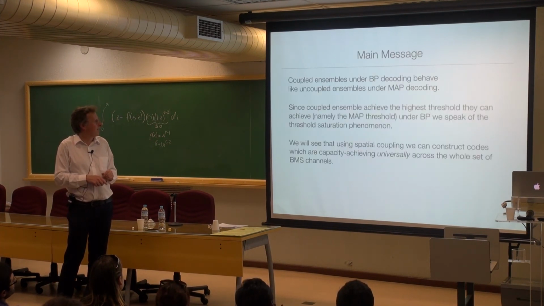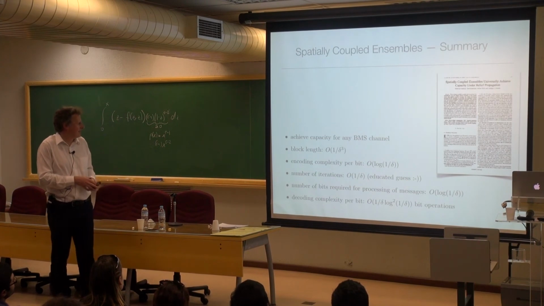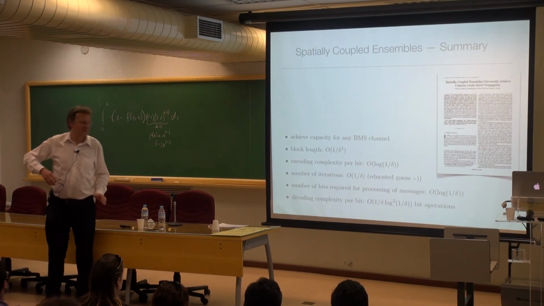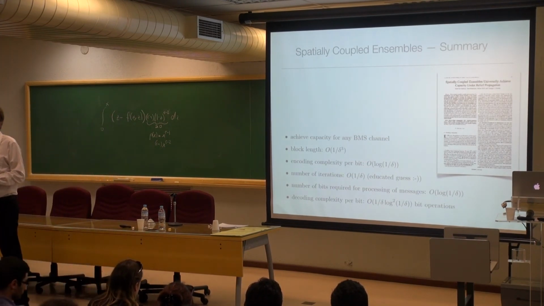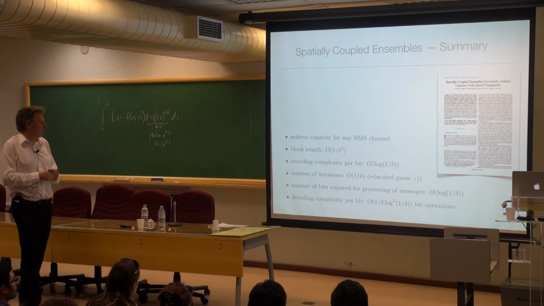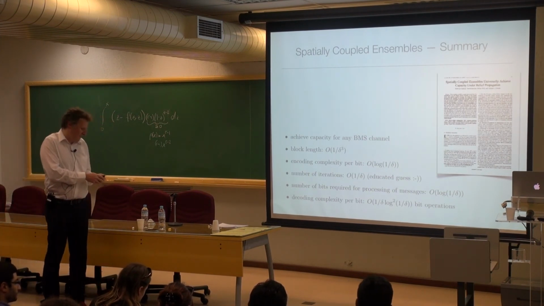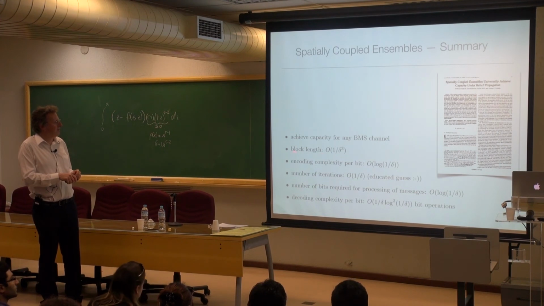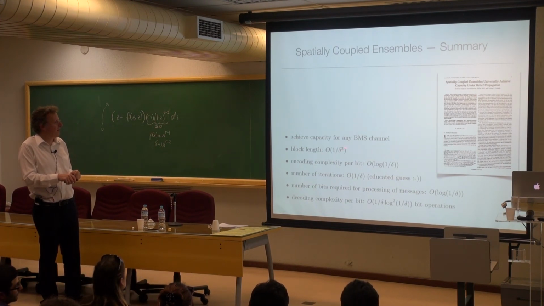So let's just go back now to our final slide here. That's basically the end of what I wanted to say. Spatially coupled codes: we said that they achieve capacity. That's nice. We said that the block length scales like 1 over delta to the third power.